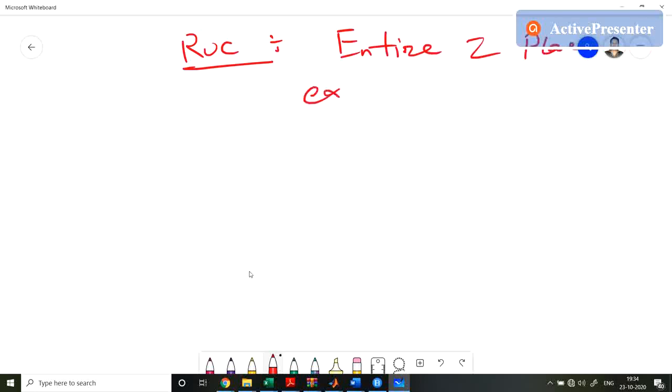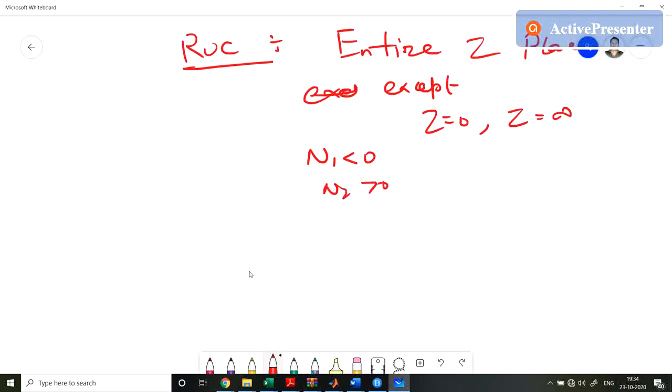So hence the ROC is the entire z plane except z equals 0 and z equals infinity, when N1 is less than 0 and N2 is greater than 0.